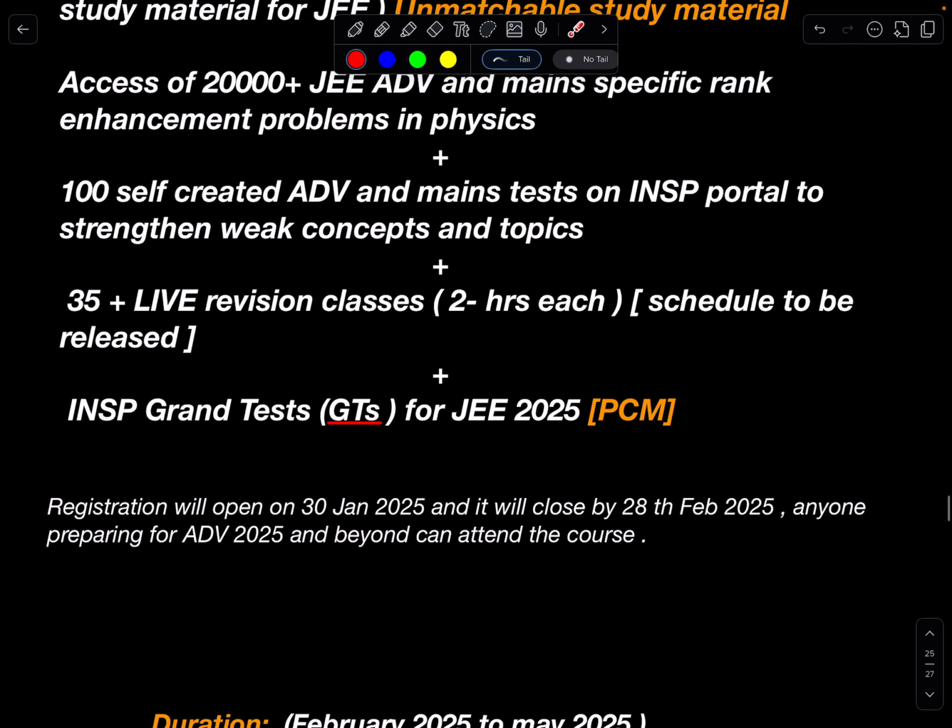And yes, registration will open on 30th Jan, that is today, and it will close by 28th of Feb. Like how we did in earlier champs, we have closed the registrations. Beyond a point, we will not take admissions. The main idea is to have a limited number of seats.